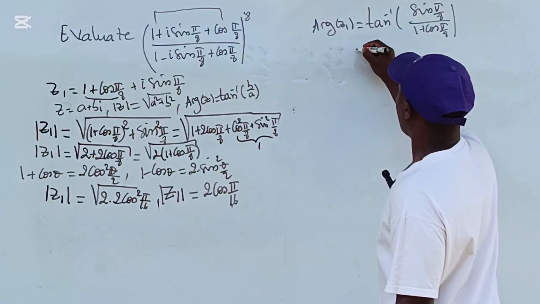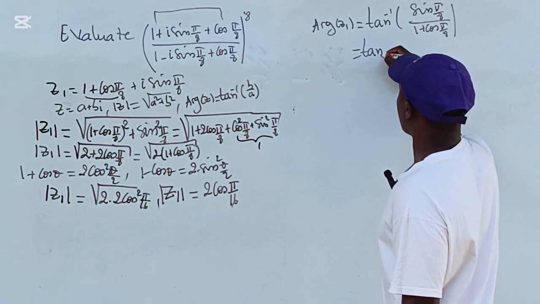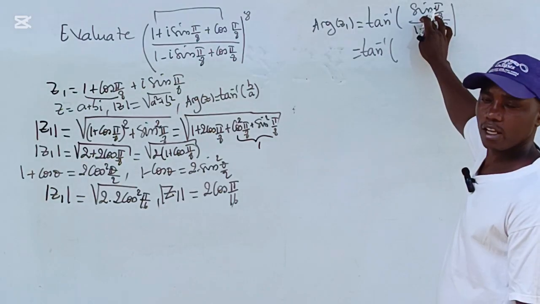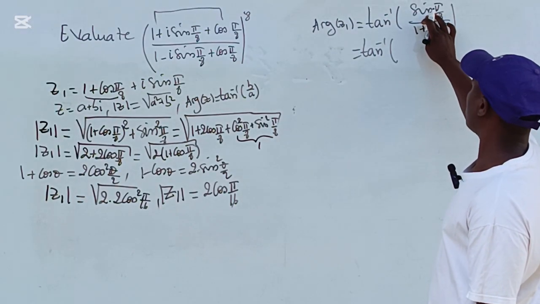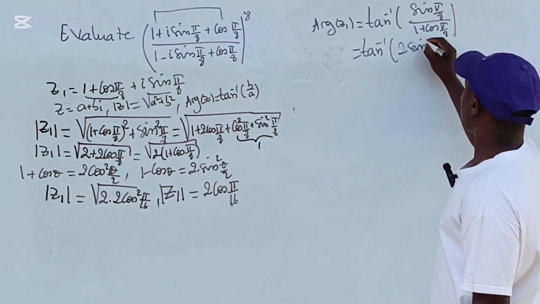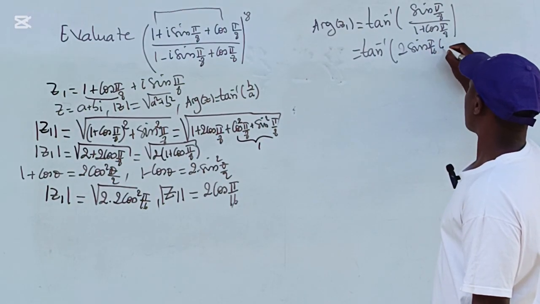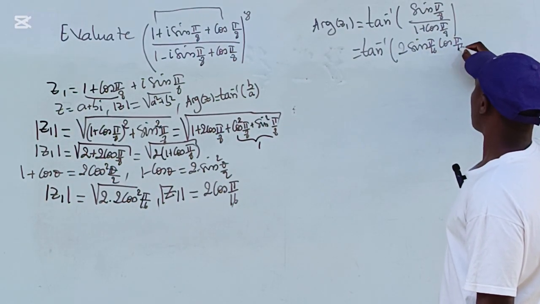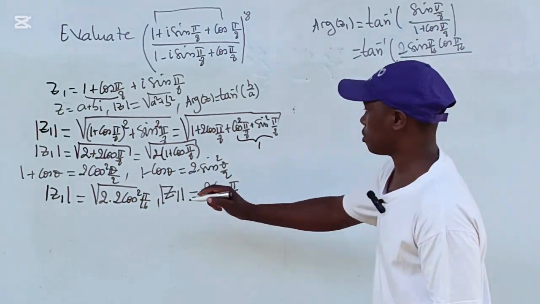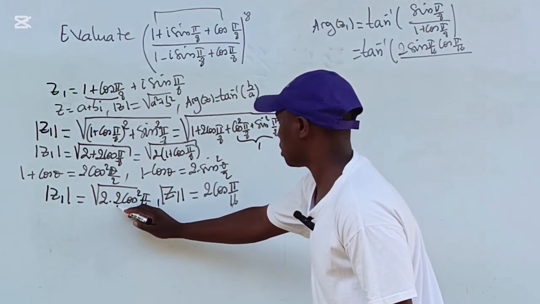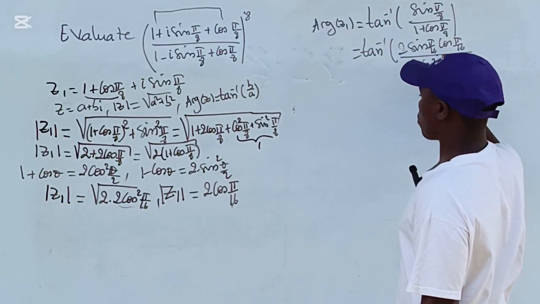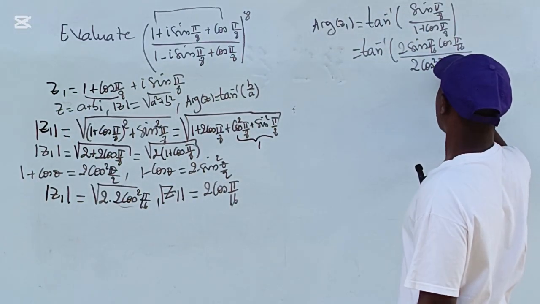Okay, we transform this using the double angle formula. We have 2 times sine pi by 16 times cosine pi by 16 over, as we saw, 2 times the square of cosine of pi by 16.